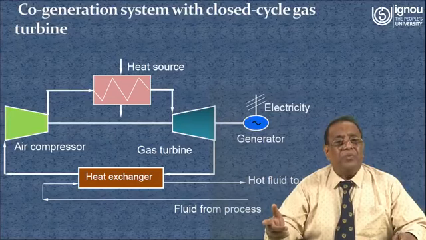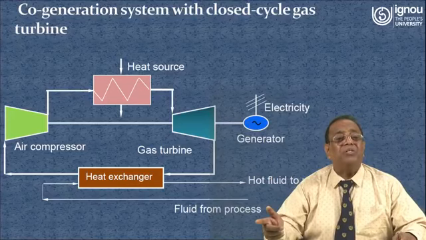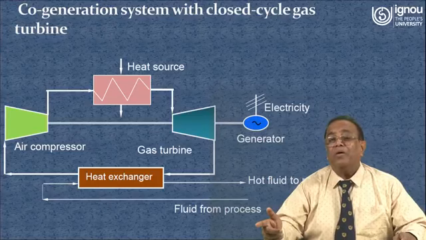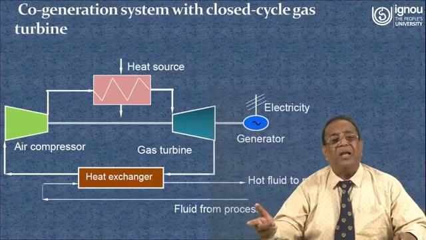The high pressure air enters into the combustion chamber and the combustion process takes place there, and the high pressure, high temperature combustion gas then passes through the gas turbine, and the expansion of the gas takes place and the shaft of the turbine rotates. The shaft of the turbine is coupled to the shaft of the generator, which ultimately produces electricity.